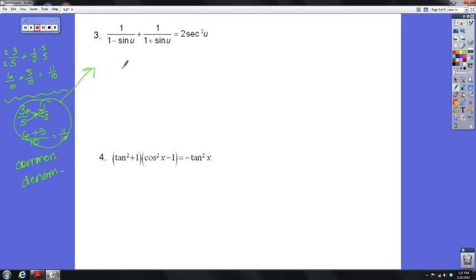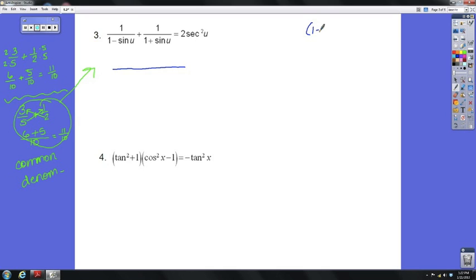I need a common denominator to add this fraction plus this fraction. Okay, my common denominator has got to involve one minus sine and one plus sine. So my common denominator is going to be whatever 1 minus sine times 1 plus sine would be.